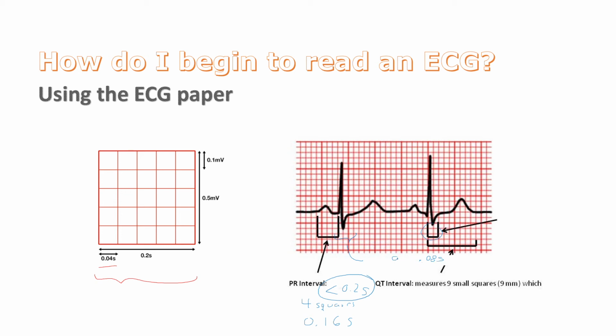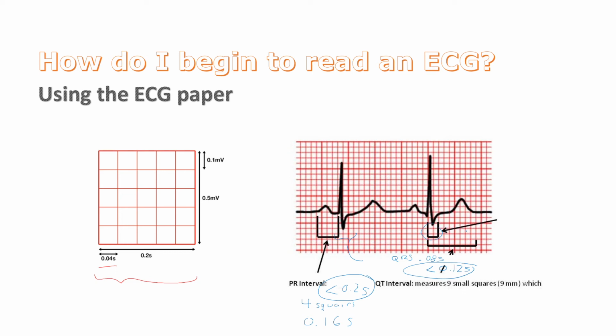And the normal QRS interval is less than 0.12 seconds, okay? So this would be a normal state of a QRS interval.